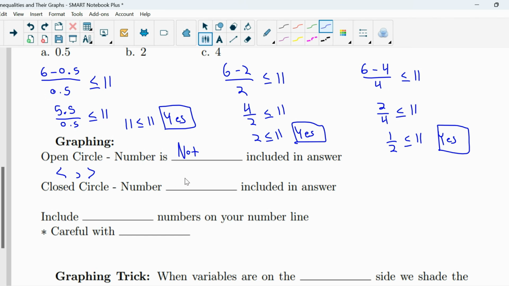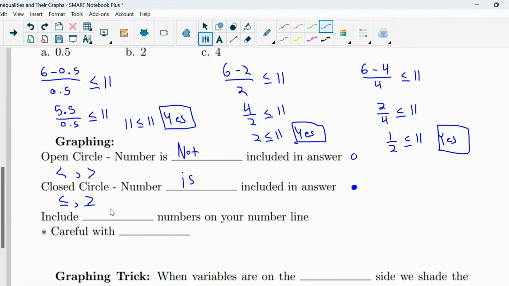A closed circle indicates that the number is included in the answer, and we would use less than or equal to or greater than or equal to symbols. An open point will look something like an O or a 0, while a closed point will be filled in.